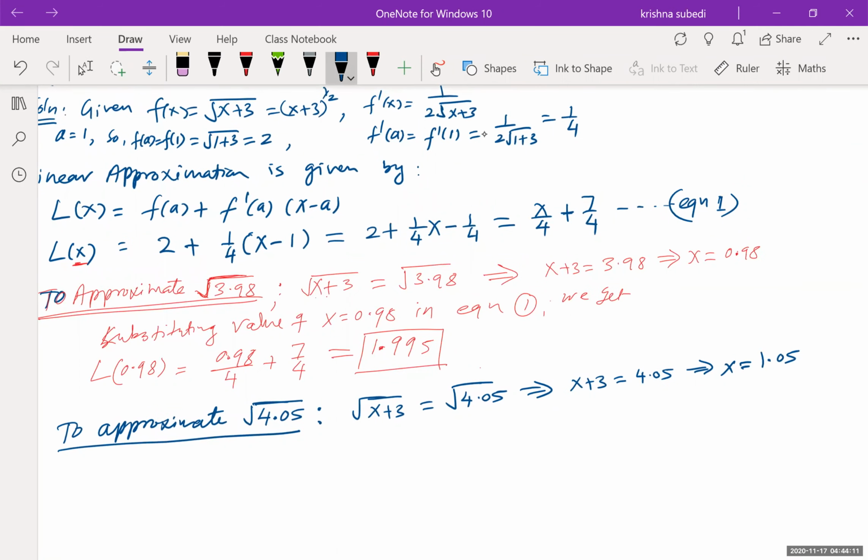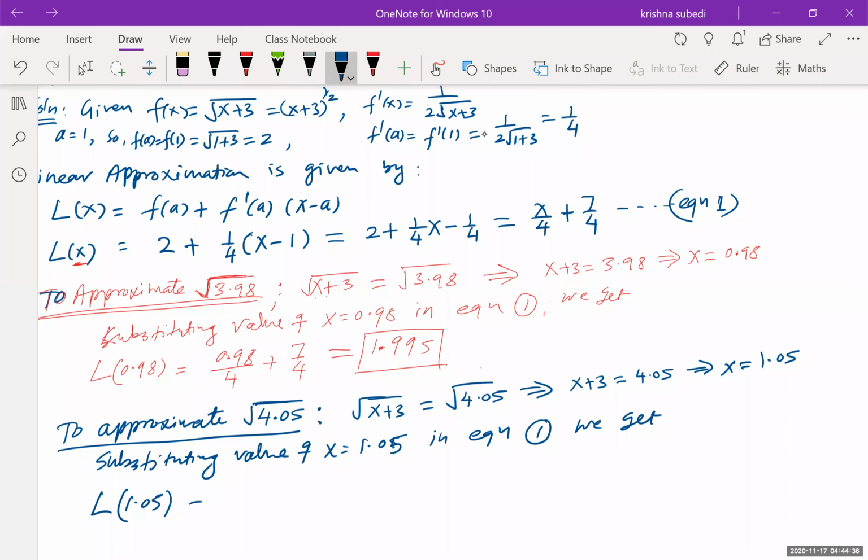Okay. So substituting this value of x equals 1.05 in equation 1, we get L of 1.05 equals, substitute the value, 1.05 over 4 plus 7 over 4, and tell me what is the approximate value there.